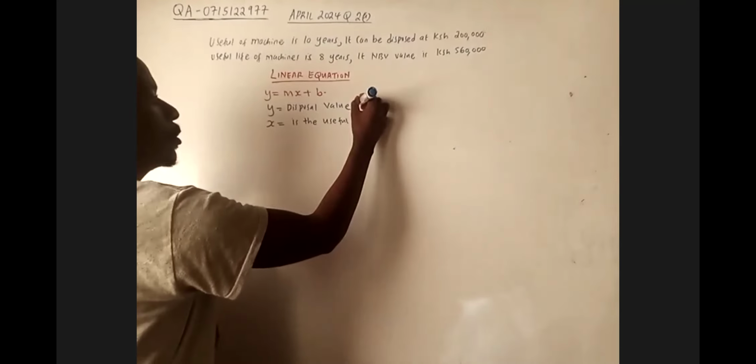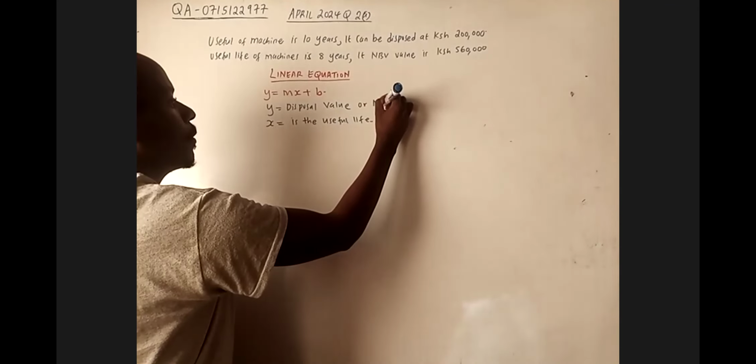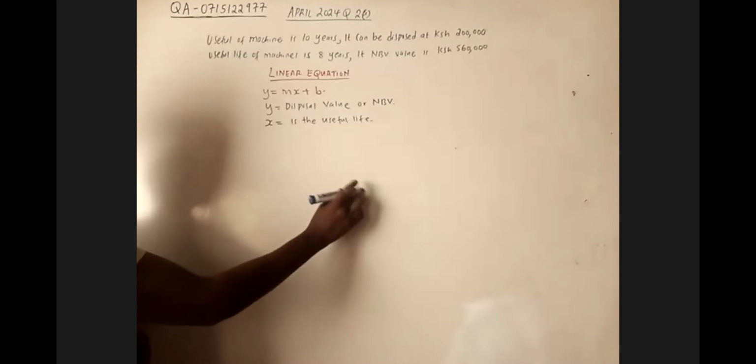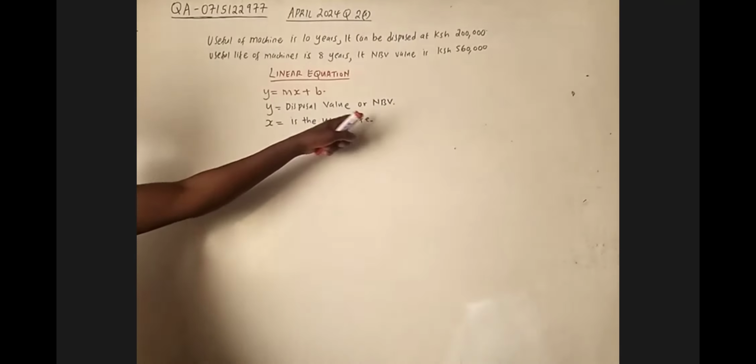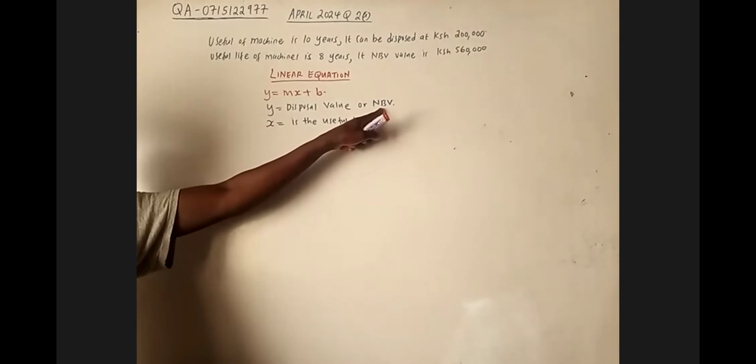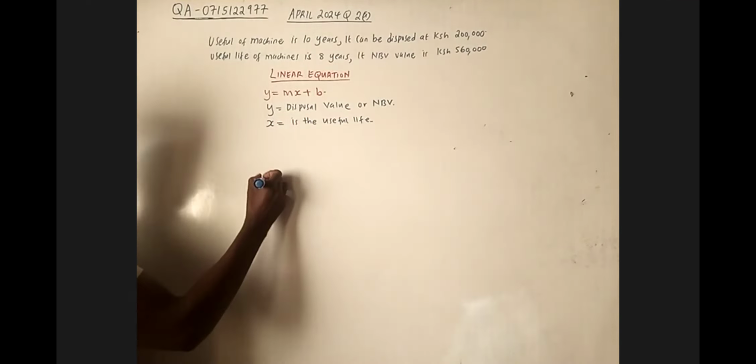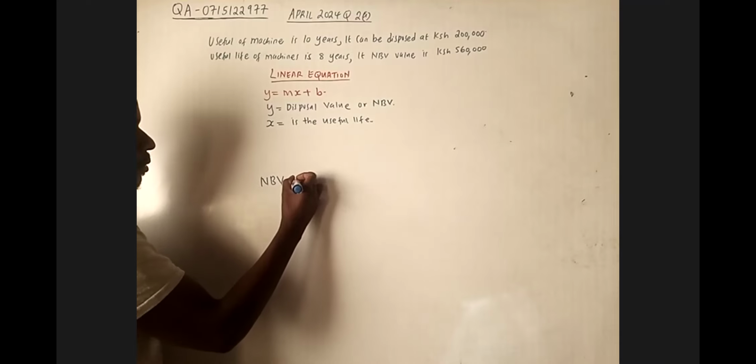So disposal value or net book value. Net book value is the value at which the asset can be sold. So net book value is the value as at the balance sheet.